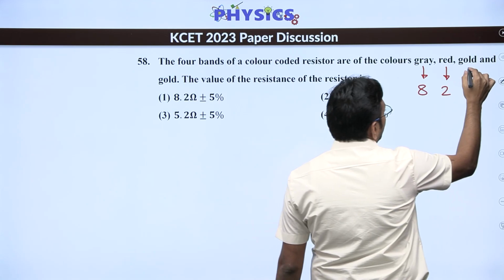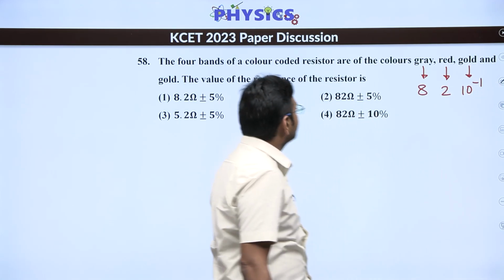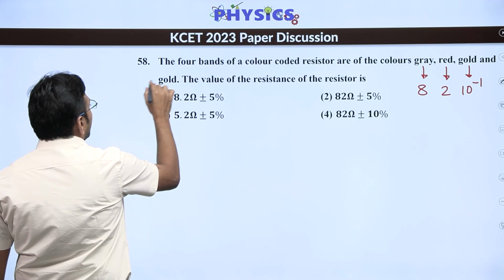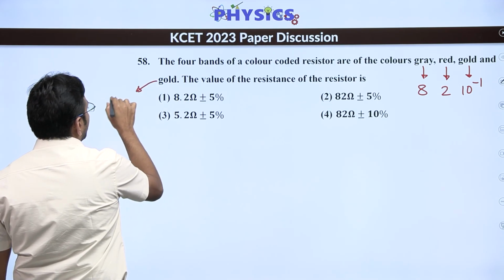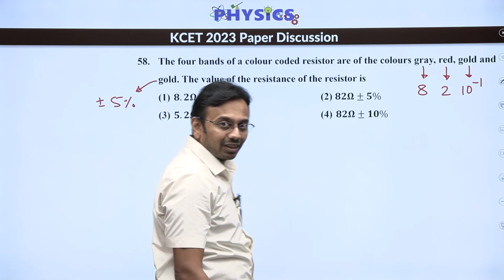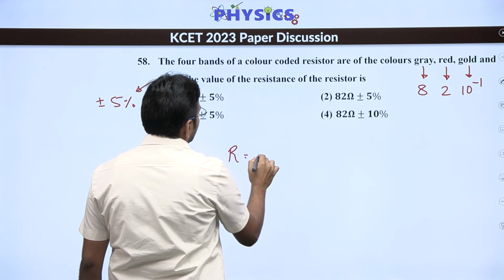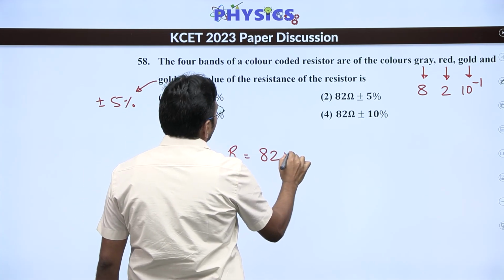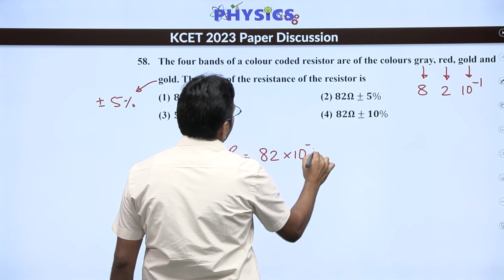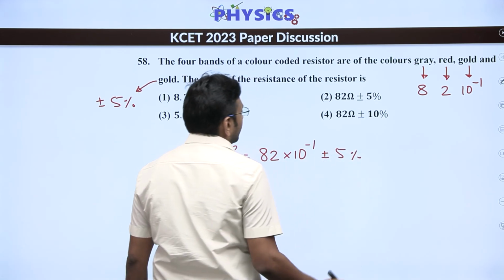Third we have gold. Gold represents 10 to the power minus 1, and again we have gold. The last band represents the tolerance, so in this case it represents plus minus 5%. Alright, let us combine this together, and therefore the resistance becomes 82 into 10 to the power minus 1 plus minus 5% ohms.